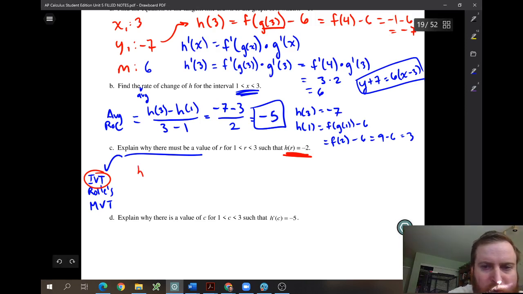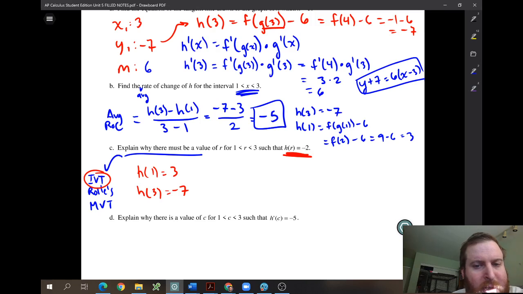So on IVT, we want to look at our endpoints. h of 1, we knew was equal to 3. And h of 3, we knew was equal to negative 7. So IVT is basically saying, is negative 2 in between 3 and negative 7? Yes, it is. So first we need to show that IVT is going to apply.